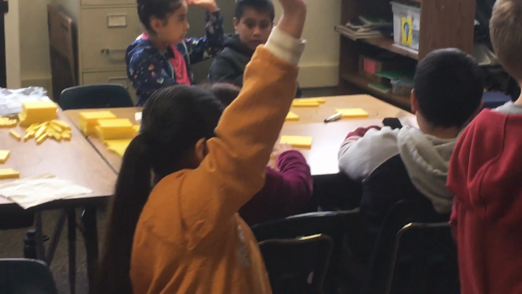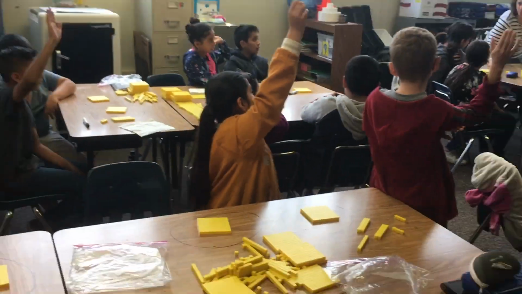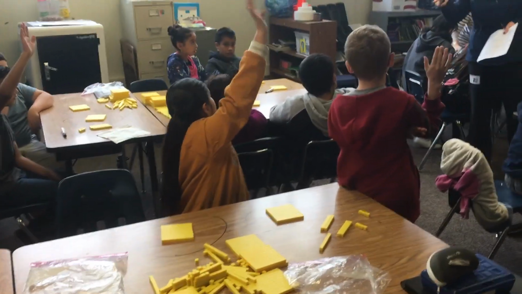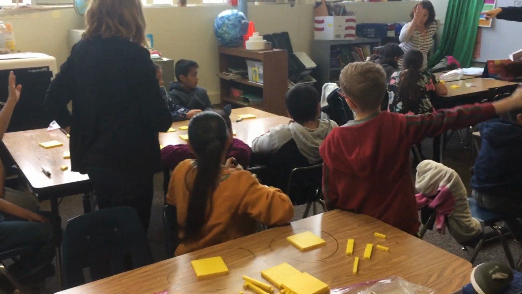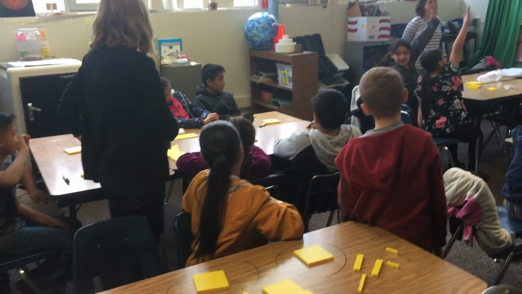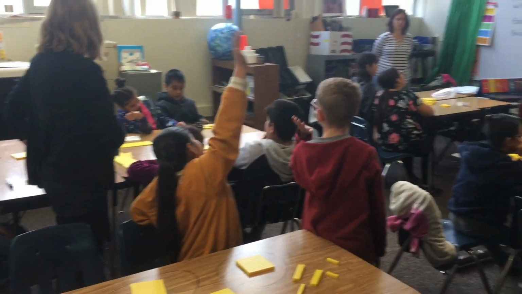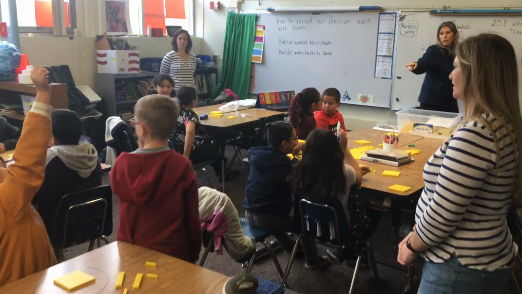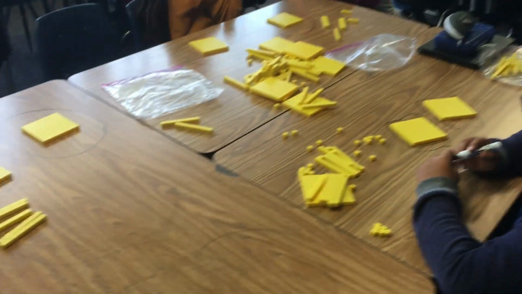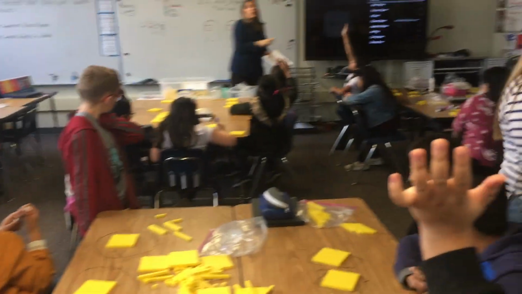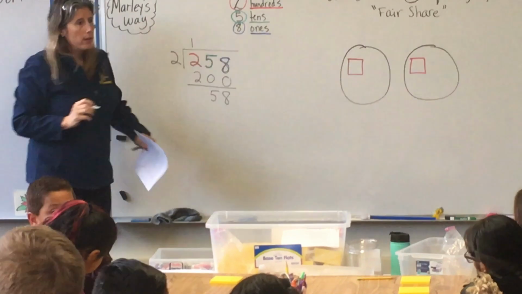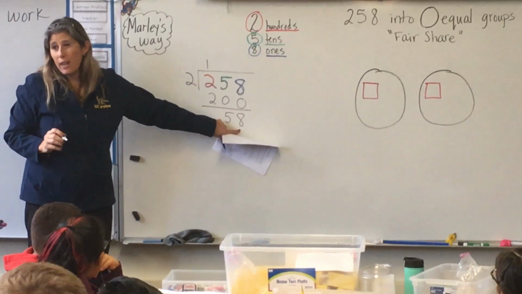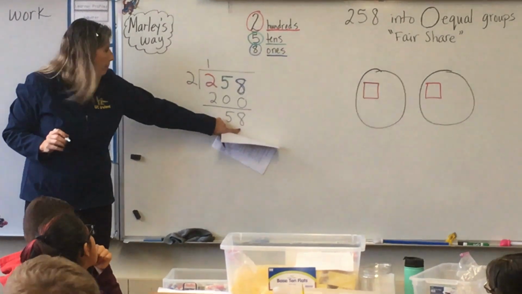Raise your hand when you know how many are left. 58. You should have 58 left. If you only had 56, you need to get 2 more so we have 58.